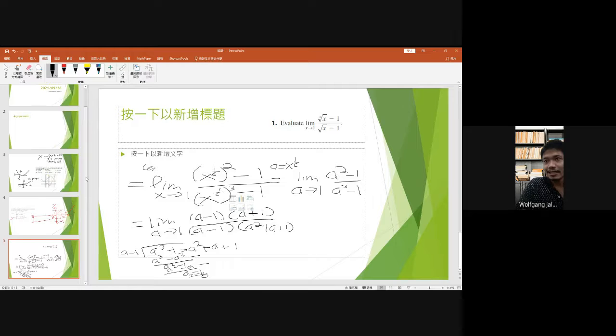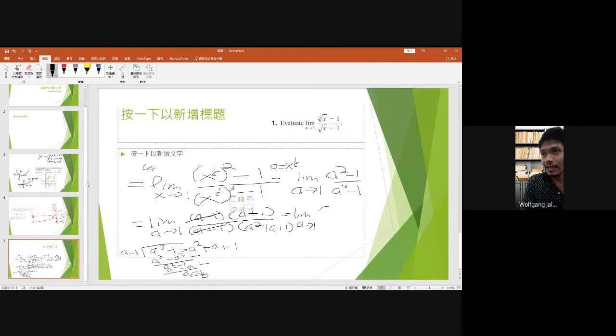So we can simplify this because the factor a minus 1 is the same in numerator and denominator.